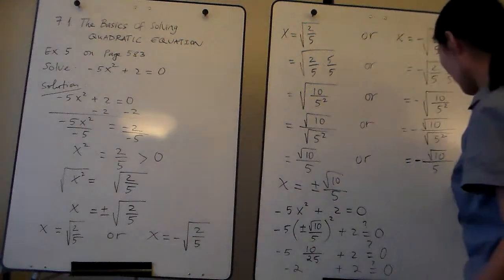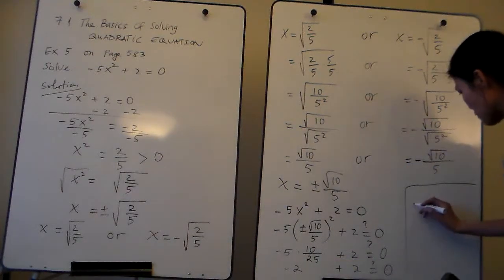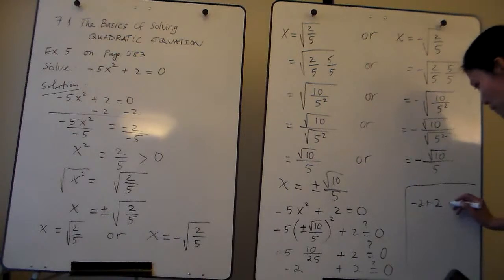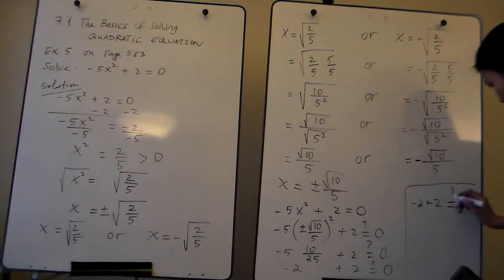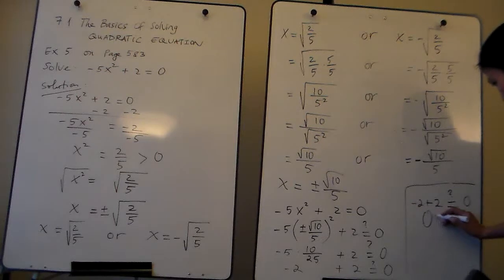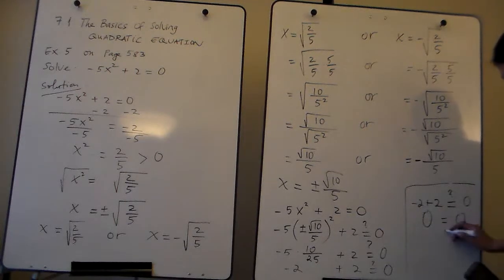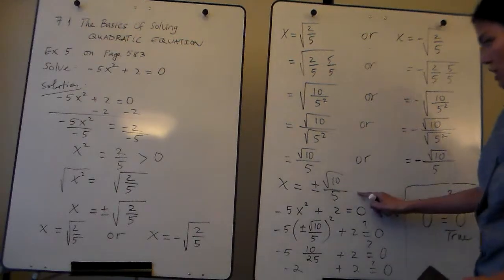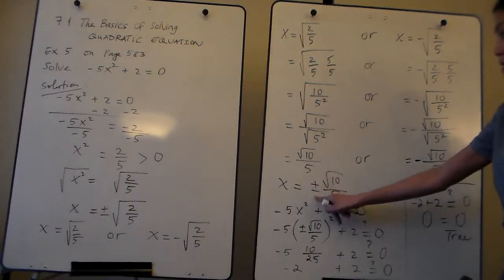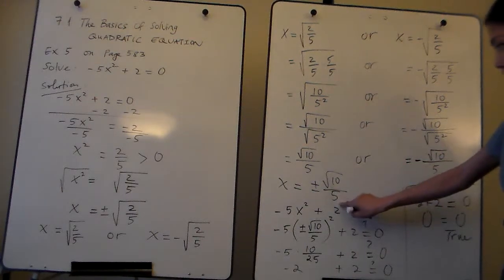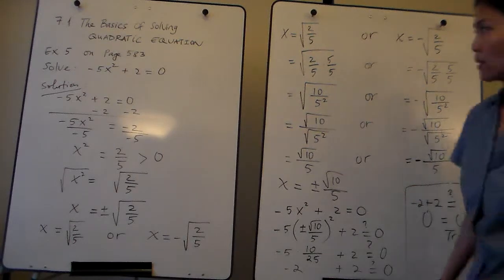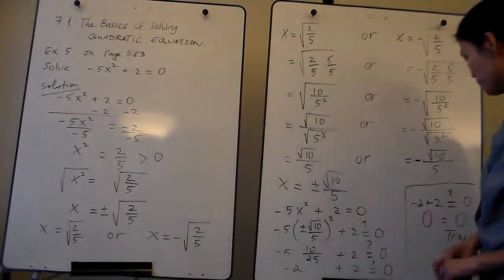And it turns out it is, because negative 2 plus 2 is 0, and 0 equals 0. So this is true. So that means these two solutions, x equals plus or minus square root of 10 divided by 5, are solutions to this equation.